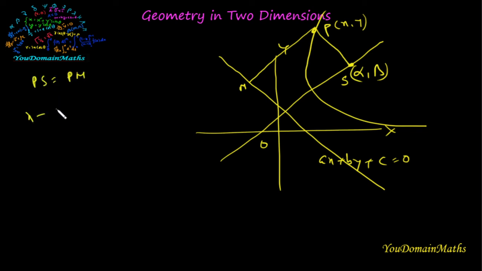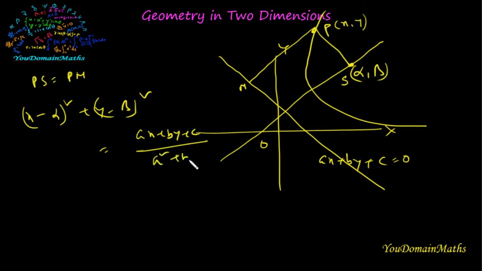So (x minus alpha) whole square plus (y minus beta) whole square equals (ax plus by plus c) by root of (a square plus b square), whole square.